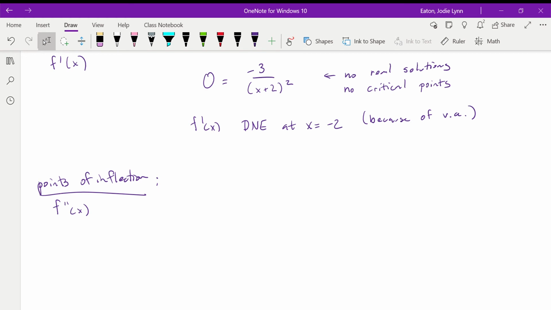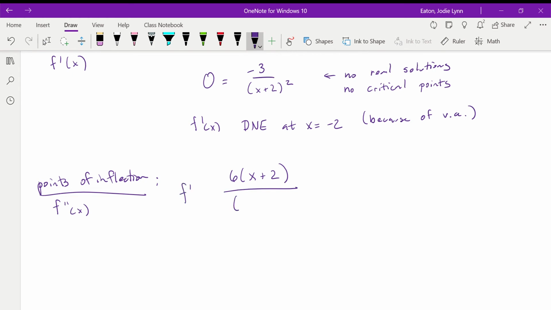Using the chain rule, we have 2 times x plus 2, so 2x plus 4, so negative 3 times high d low, so times 2x plus 4, so it's a minus minus, so it's 6 times x plus 2. Square the bottom and there you go.